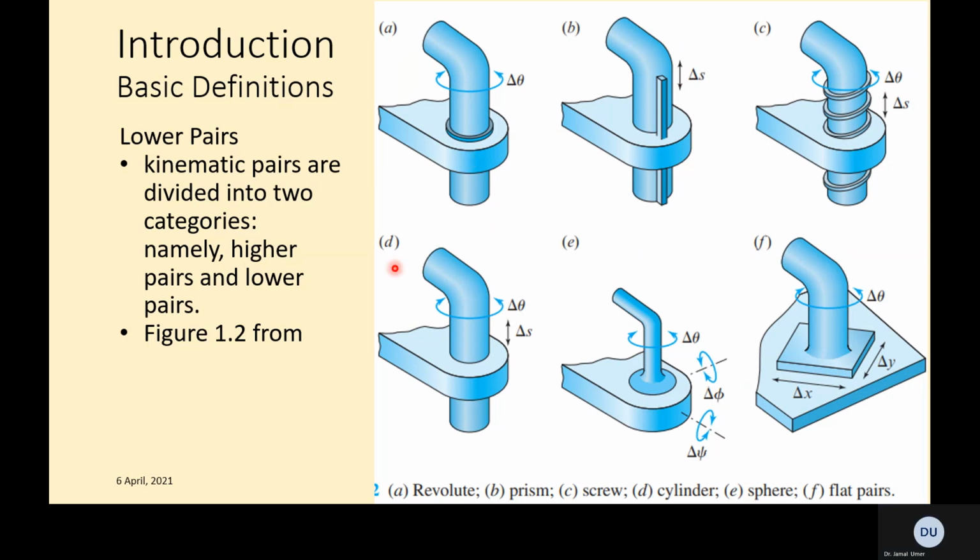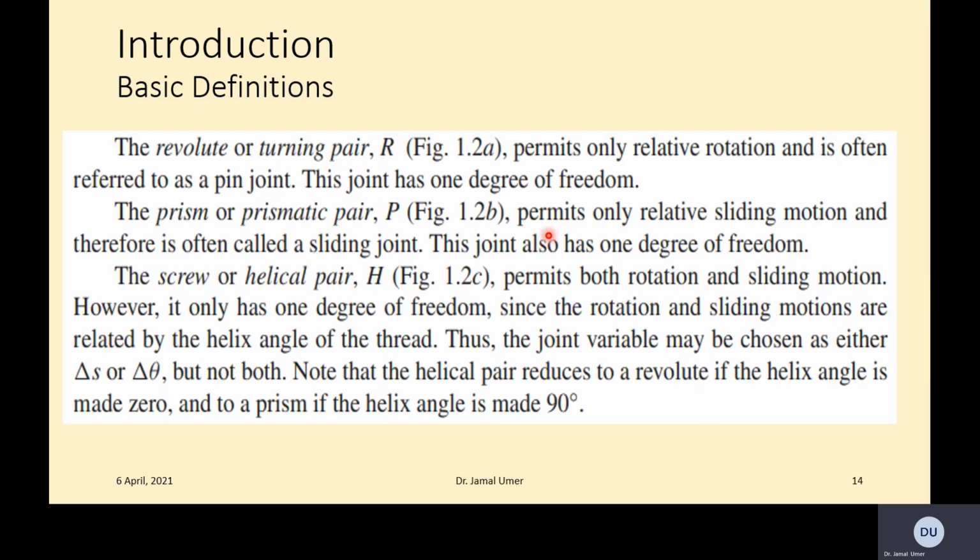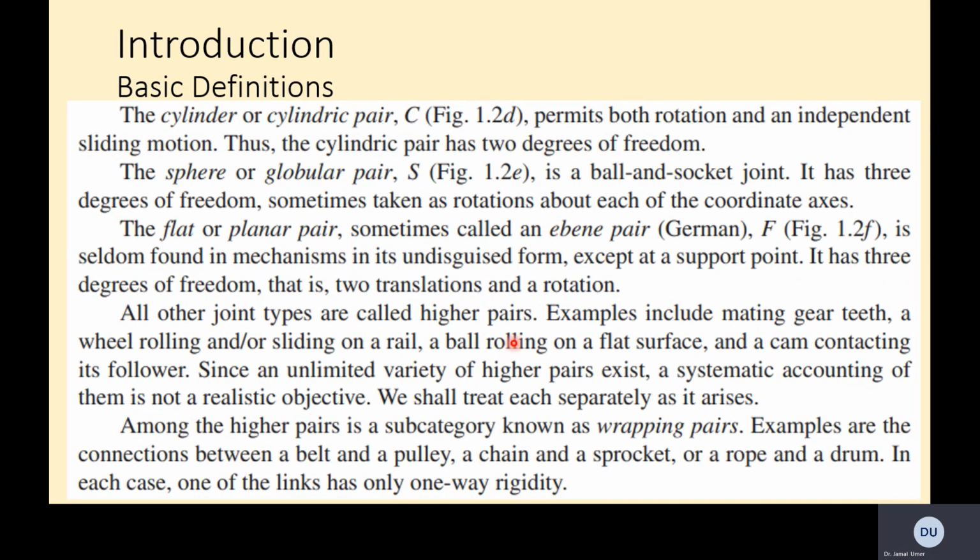These were individually discussed, the nature of motion as well as the degree of freedom and the variables as well. And then it was further discussed that the higher pairs cannot be classified as such because there is a large variety of those pairs. So that makes it irrelevant to classify.